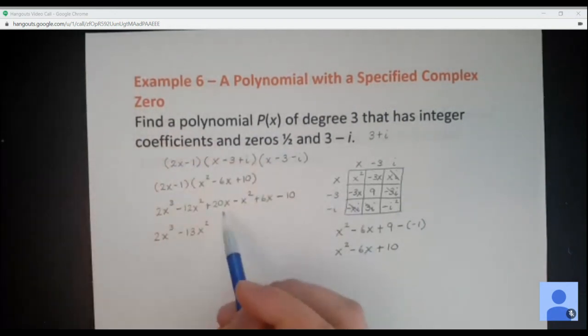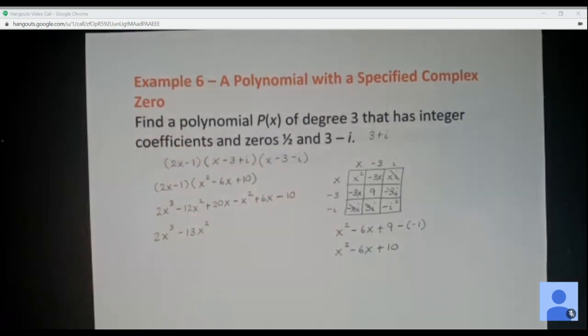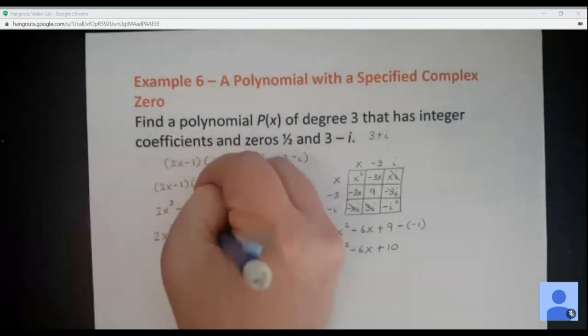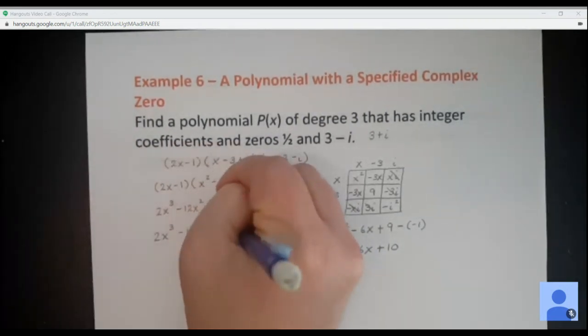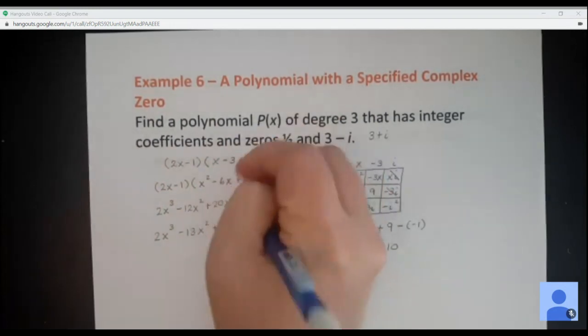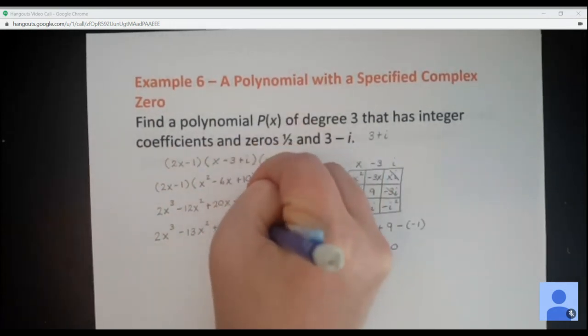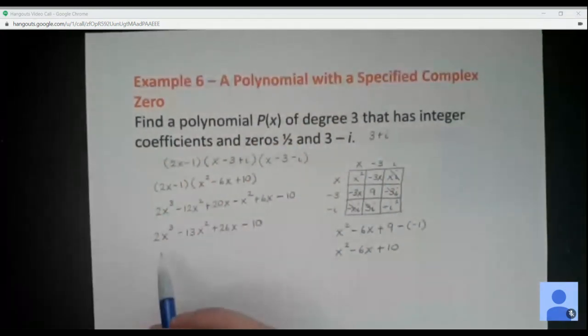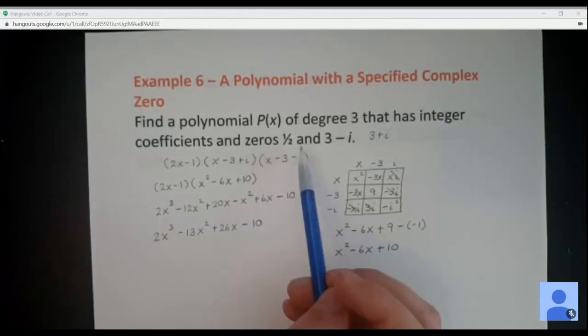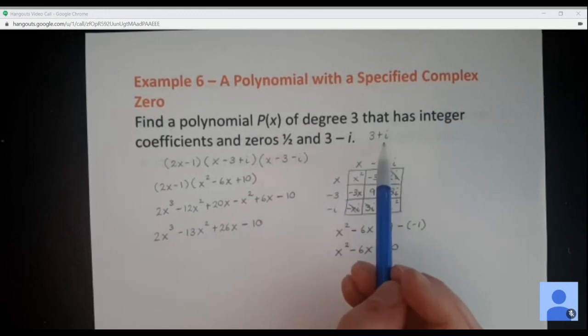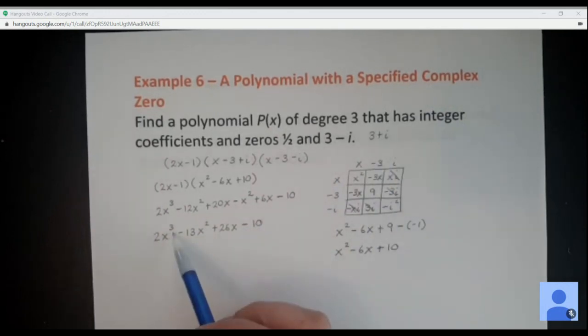If I combine my x terms, what should we get? Good, positive 26x. And then nothing to combine with the 10, so we have a minus 10 at the end there. So this right here is my polynomial that I'm looking for that would have these zeros of 1/2, 3 minus i, and 3 plus i. And we do indeed have a degree of 3 here. So always double check to make sure you have the correct degree.